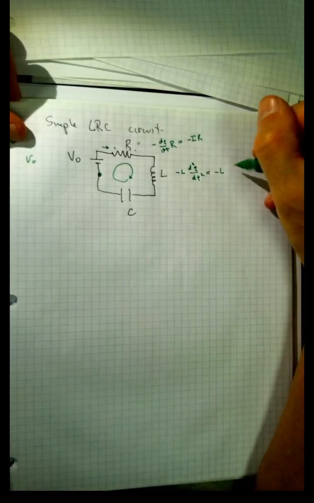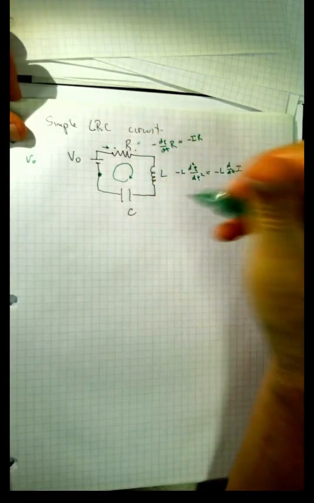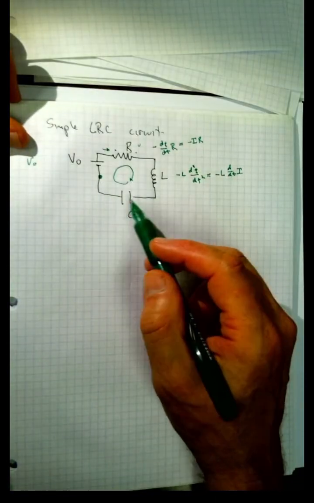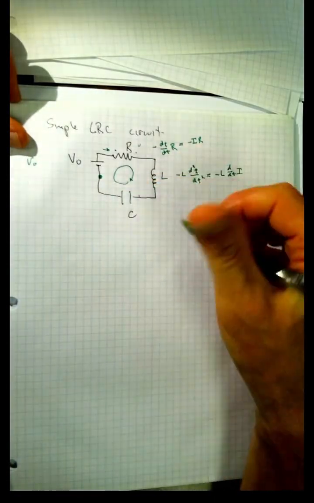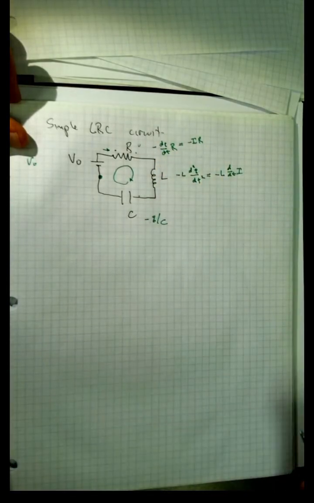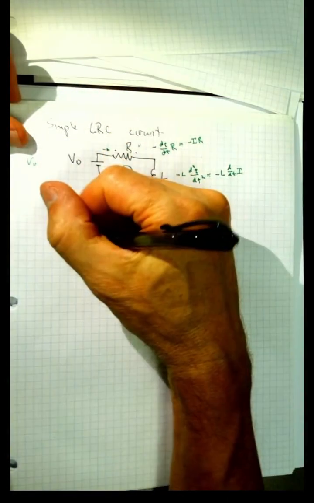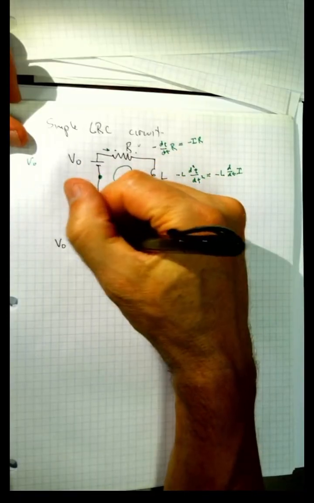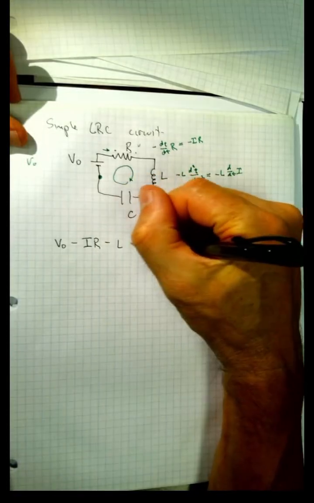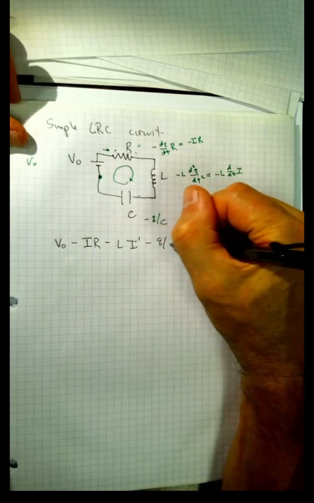And then finally across the capacitance, the voltage drop is going to be minus Q over C. And so now when I add everything up, it has to equal 0. So I'm going to have V naught minus IR minus L times the derivative of I minus Q over C is 0.